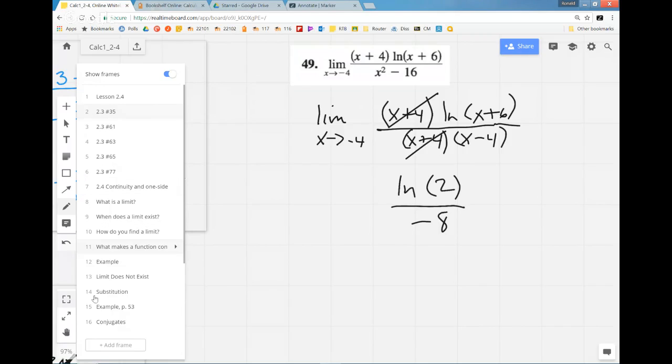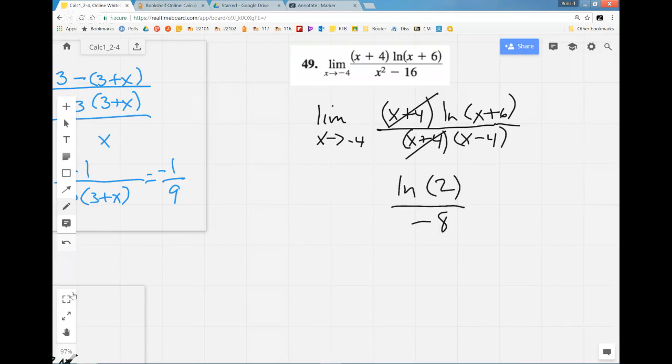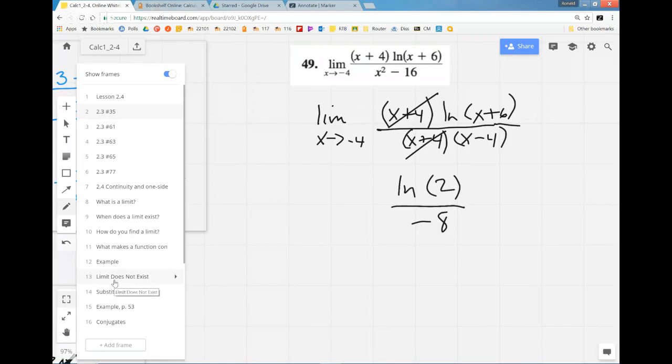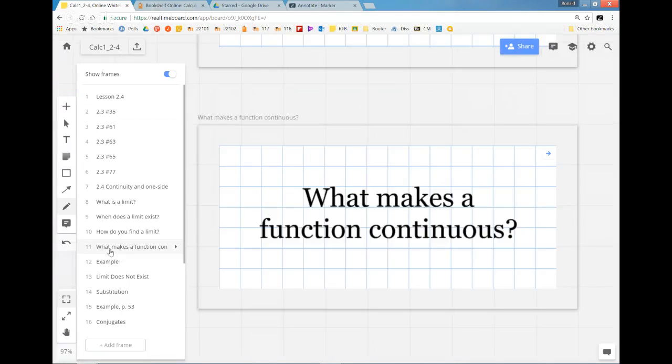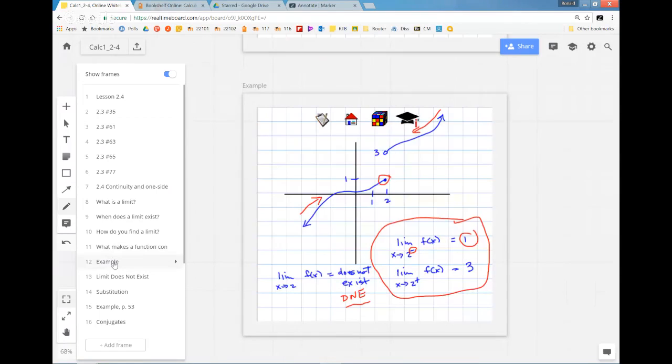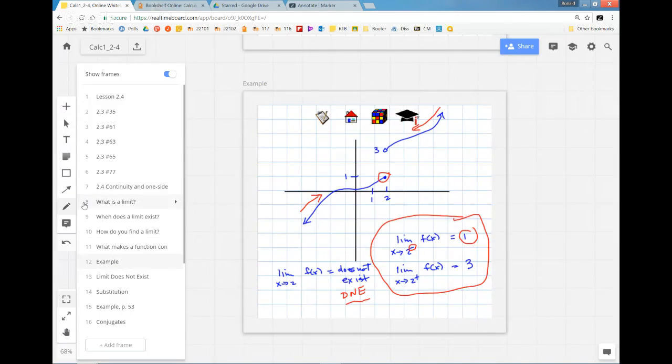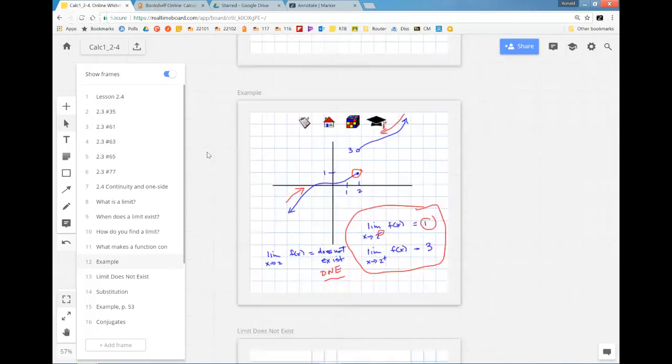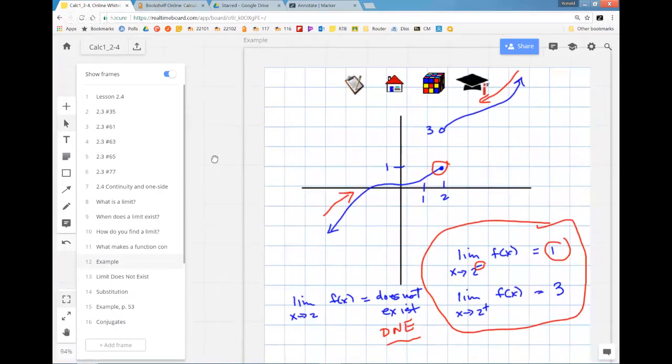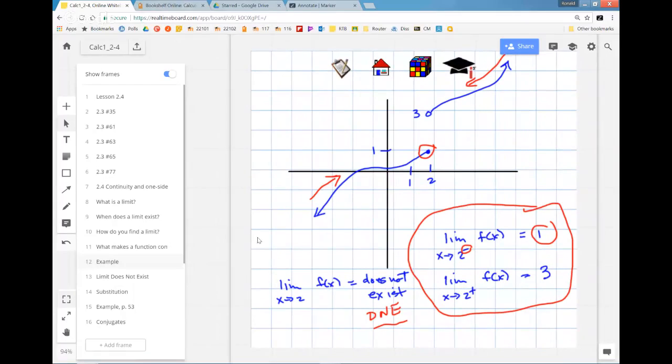All right, let's go back to where we were here. Just talking again about an example. If you have a function like the one shown here, the left-hand limit of this function as we approach 2 is 1.